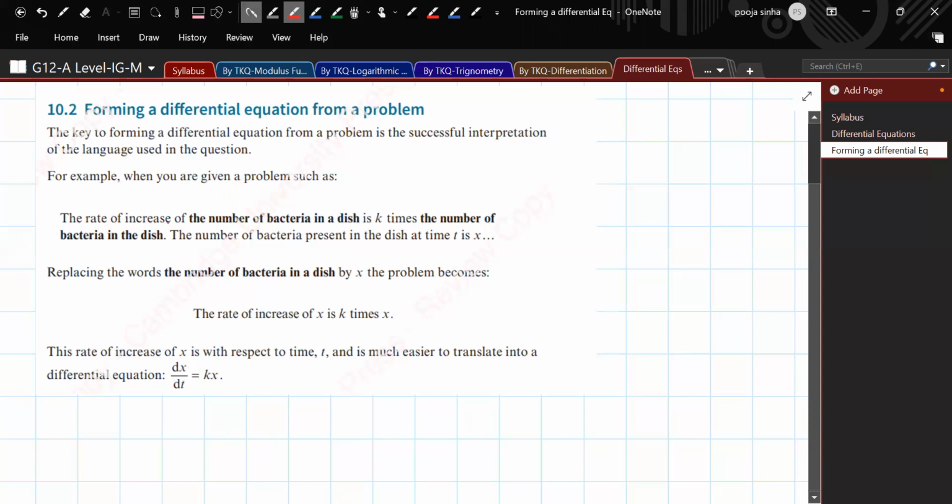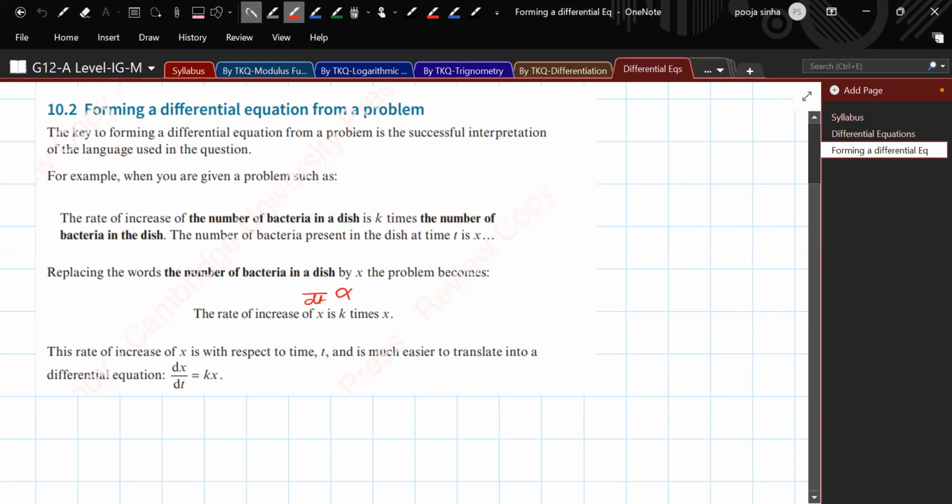Now it says the rate of increase of the number of bacteria is k times the number of bacteria in the dish. So if the number of bacteria in the dish is x, then the rate of increase, that is dx by dt, is k times x.